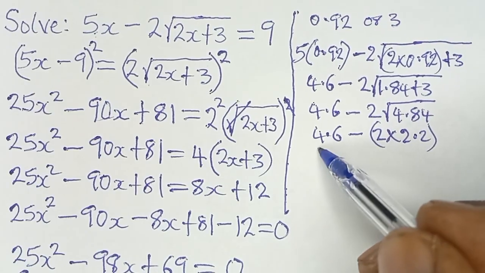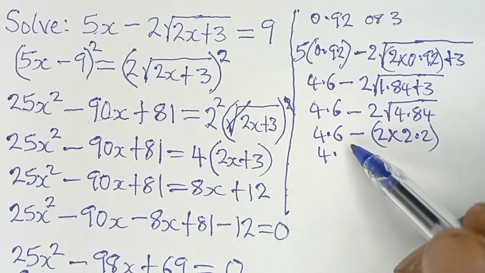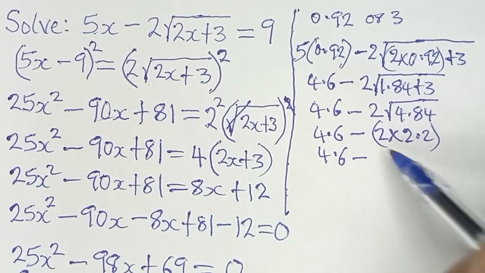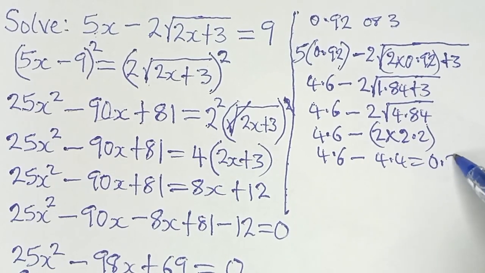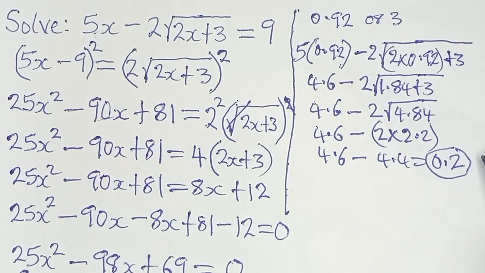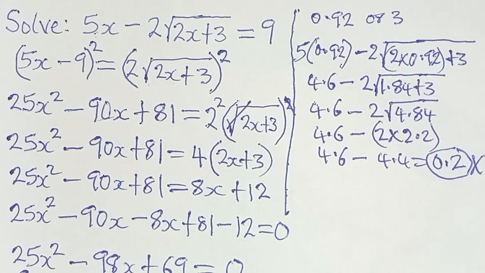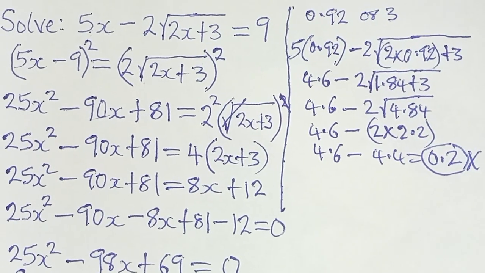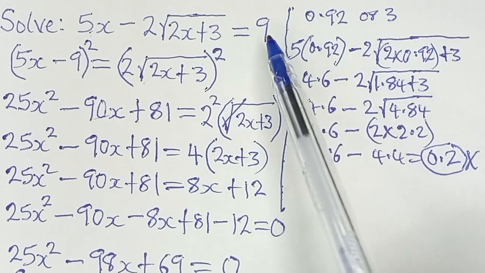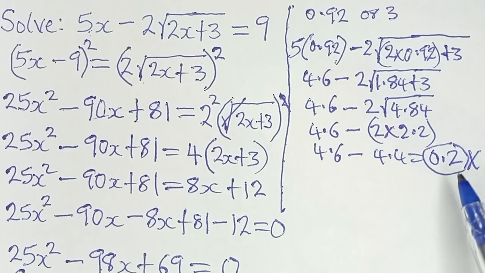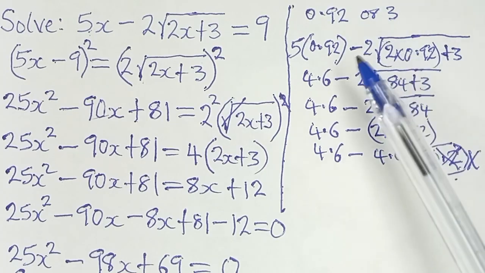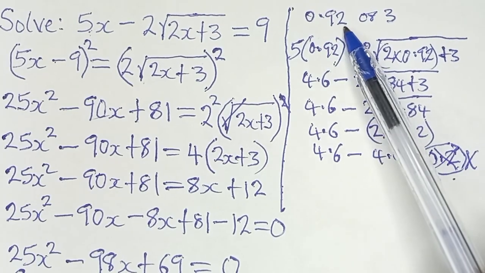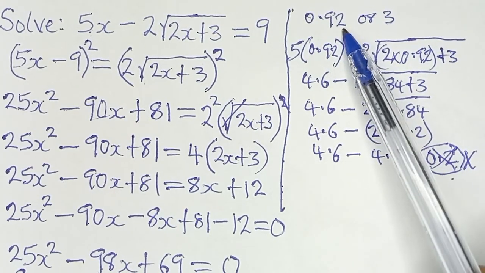So I now have 4.6 minus 4.4, which is equal to 0.2. And 0.2 is not a correct answer. Hope you can see that, because the right hand side is actually equal to 9, not 0.2. So this answer is wrong. That is, x equals 0.92 is not correct.